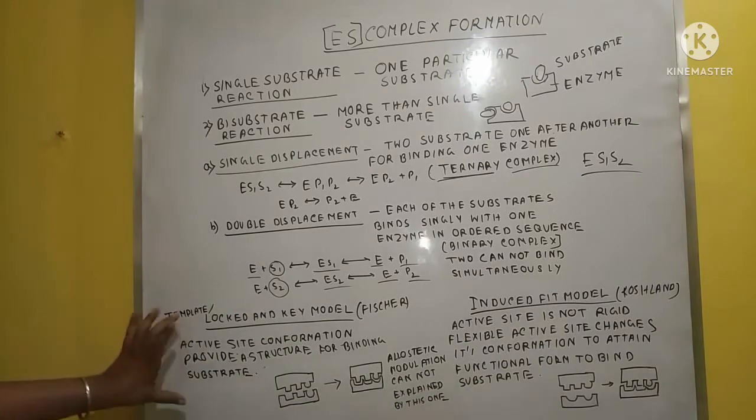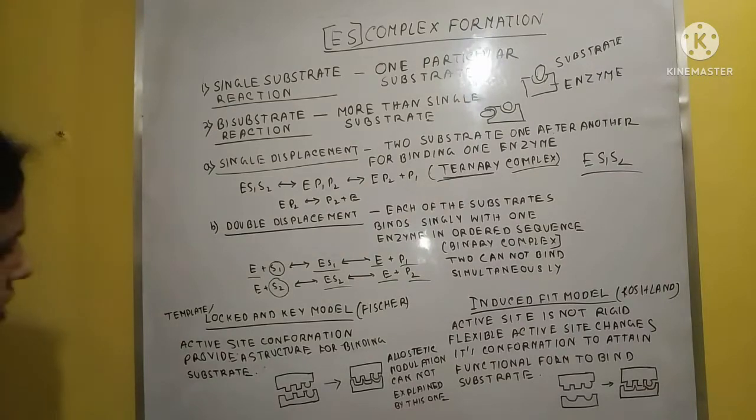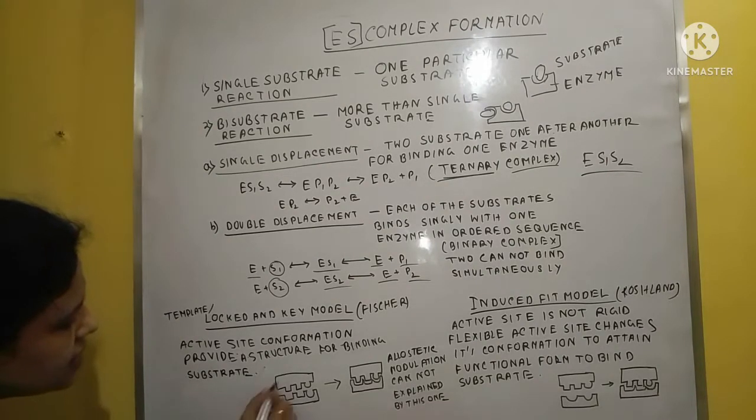According to the lock and key model, the enzyme is already structured for binding a particular substrate. In this arbitrary drawing, this is the enzyme and this is the substrate.